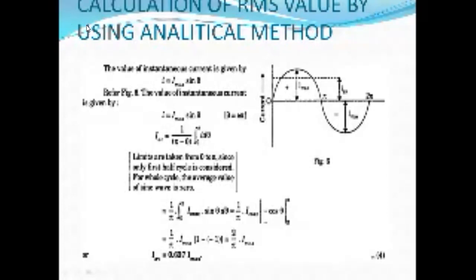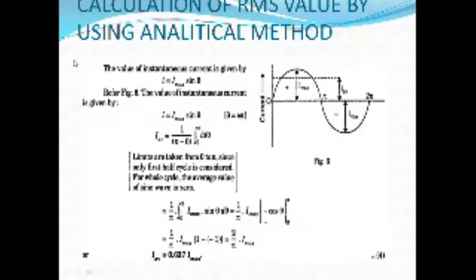For the whole cycle, the average value of a sine wave is 0. So the average value is 1 upon pi times the integration from 0 to pi of i, where i is Im sin theta. Putting that in, I average is equal to 1 upon pi Im times the integration of sin theta d theta. The integration of sin theta is minus cos theta, with limits from 0 to pi.